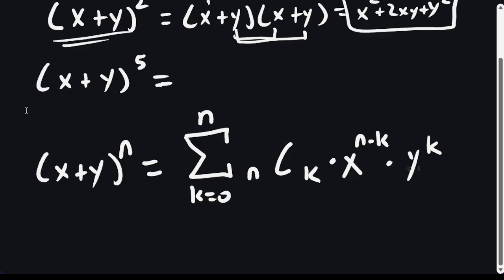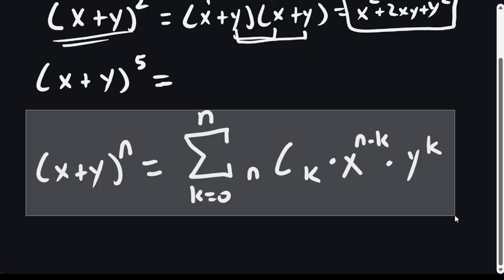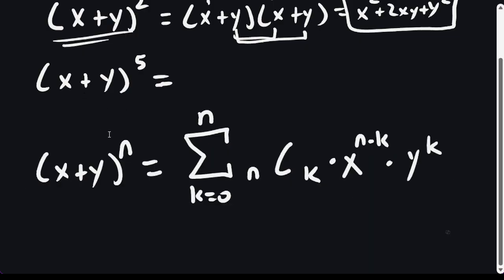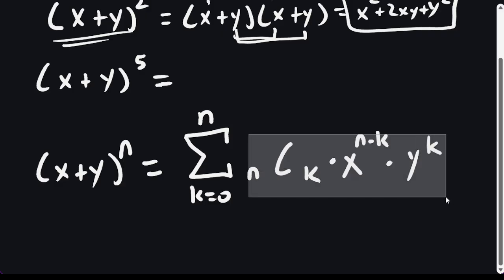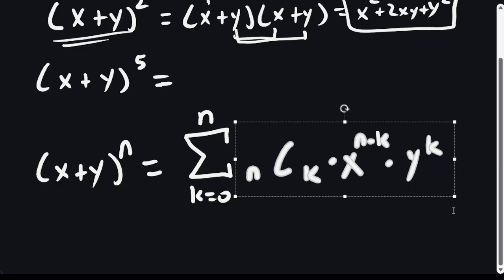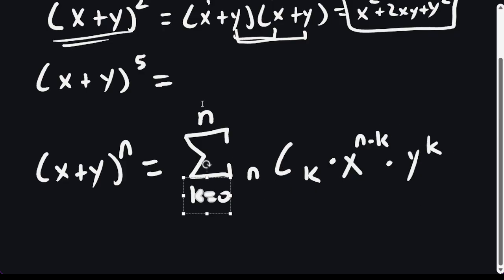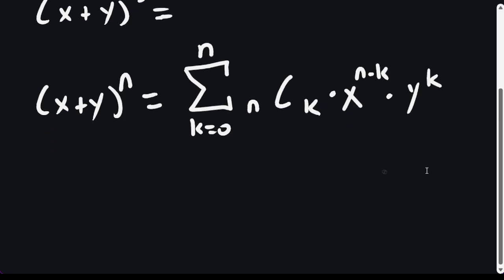So this is the general formula for expanding any binomial. And n is the power that you're raising it to, and then this is n choose k. K is, of course, your starting point. You're summing this entire formula all the way from 0 to n, your exponent, times x to the power of n minus k times y to the power of k.